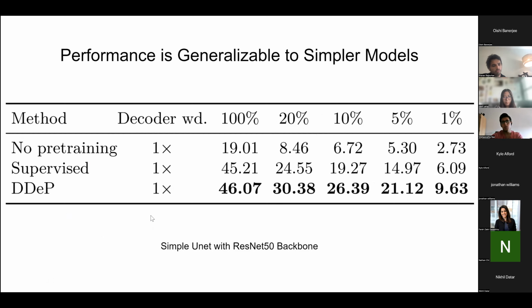And then we can also see, like I mentioned earlier, that they used a TransUNet model, which is a relatively more complex variant of the UNet model. But they also found that this performance improvement is generalizable to simpler models. So they tried this with a simple UNet model, which just uses a pre-trained ResNet-50 backbone. And they found that this decoder denoising pre-training approach also improved performance there.